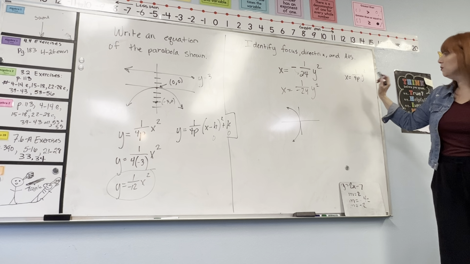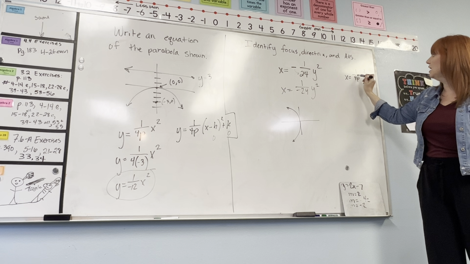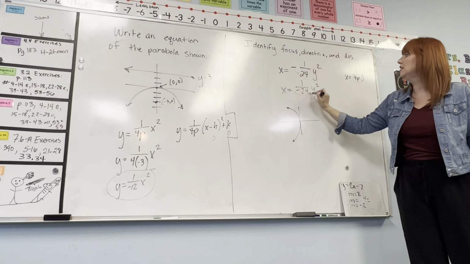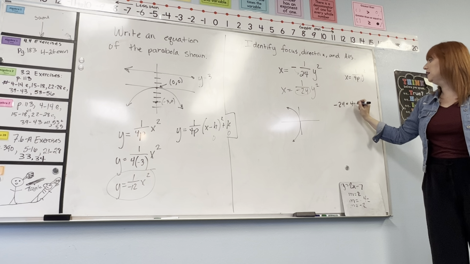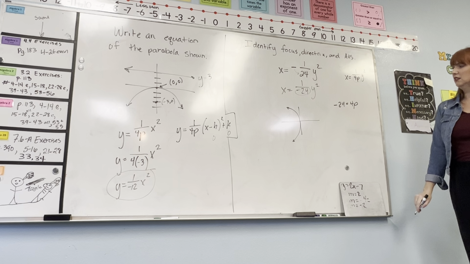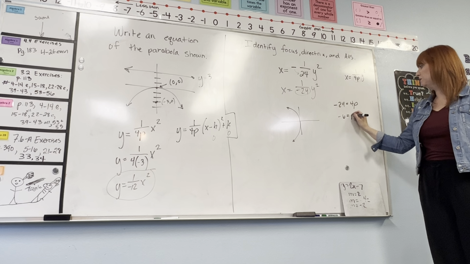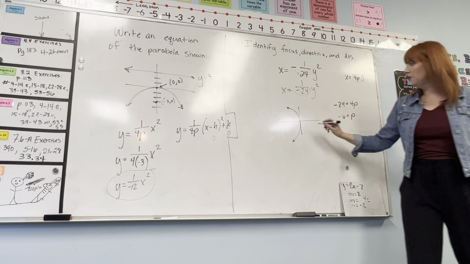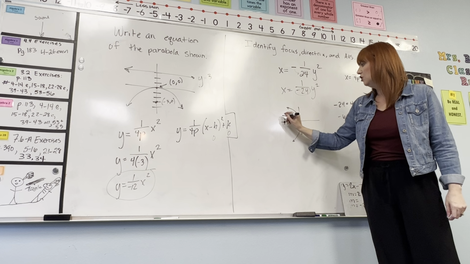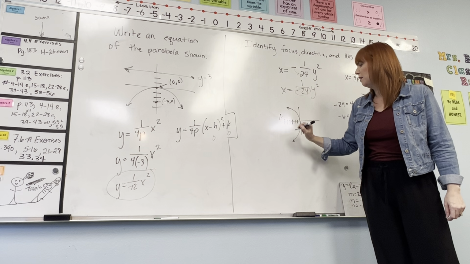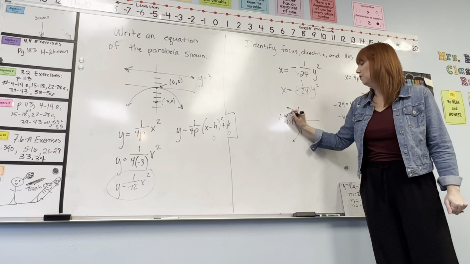So the only thing we need to figure out is P. You could just set up a tiny little equation, this equal to this, and you can figure out what P is. Negative 6 equals P. So we go 6 this way, 1, 2, 3, 4, 5, 6. So what is the focus? Negative 6, 0, right?